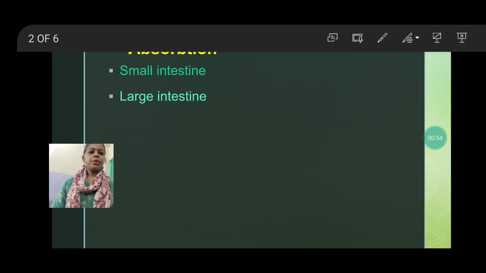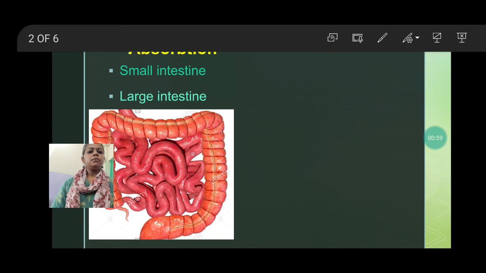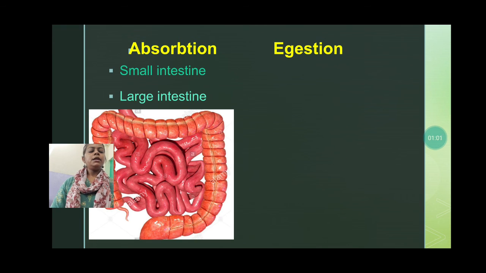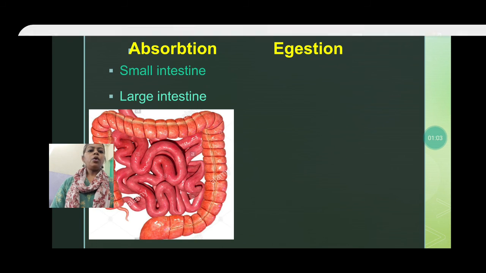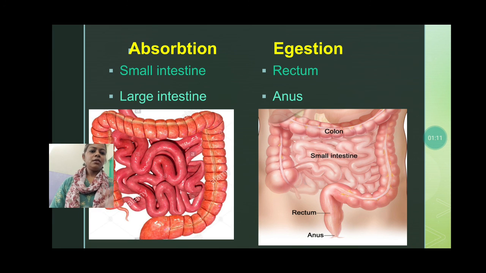In the egestion process, the organs that participate are the rectum and anus. If you see the picture, this is the rectum and anus, which is the last part of the large intestine only. So this is how we are going to discuss these two stages in this video.